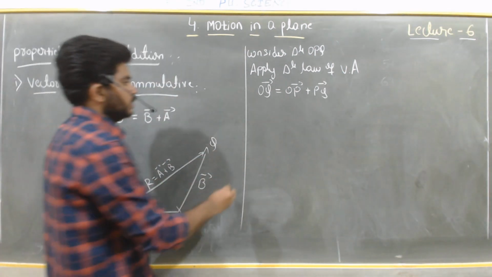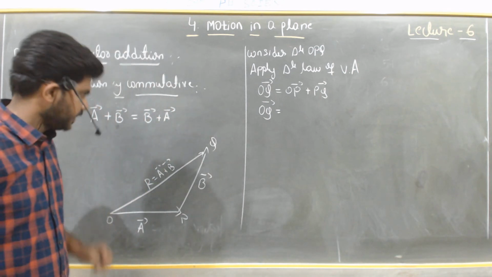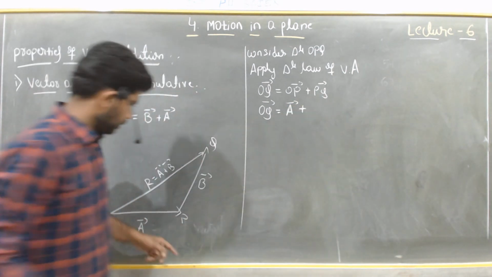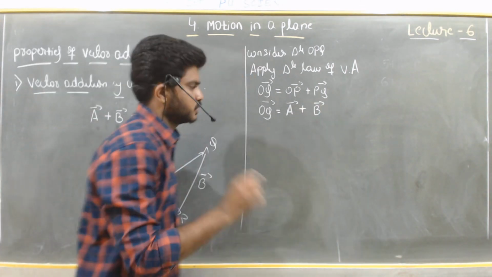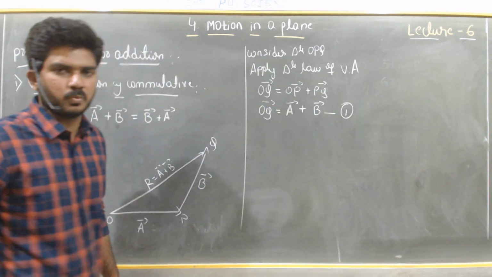OQ vector I will write as it is. OP is vector A plus PQ is vector B. Write this as equation number 1.